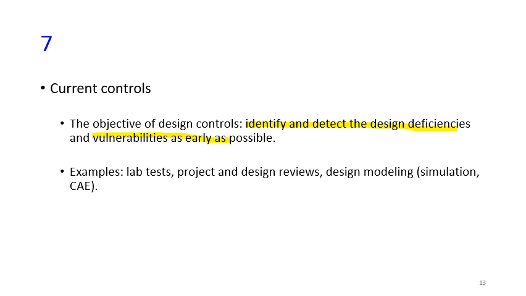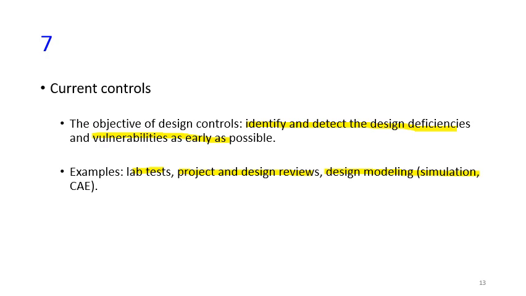So what are examples of these design controls? Well, it may include some lab tests, for example testing the strength in the lab, and it may also include project and design review. It might also include some design modeling using simulation tools to see, let's say if the force is this much, whether the product can handle it or not.